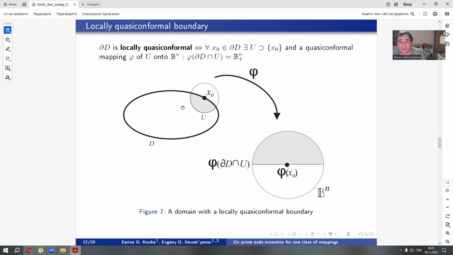So this is a point, this is a neighborhood. So phi maps the intersection of the boundary of D with a neighborhood U onto a half ball.